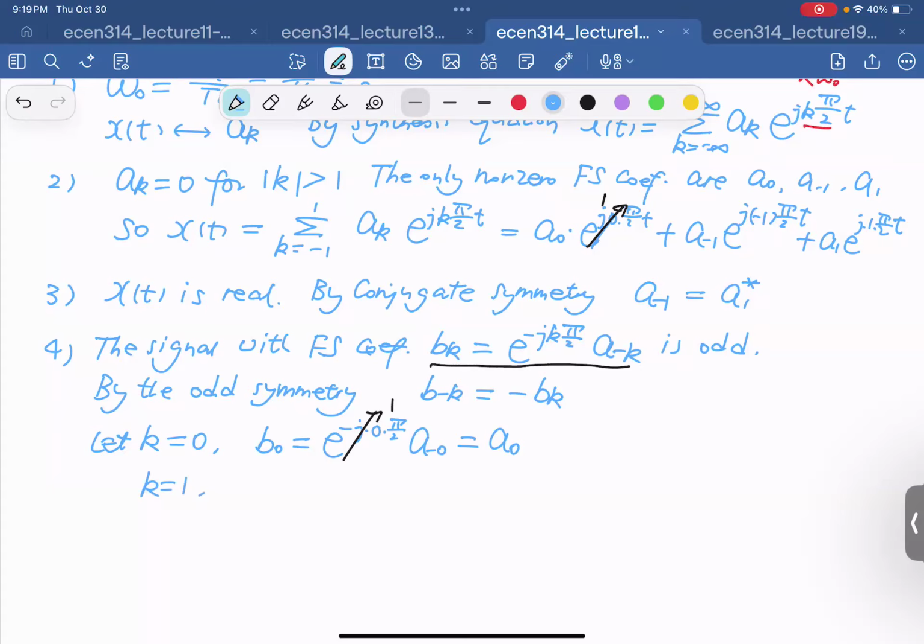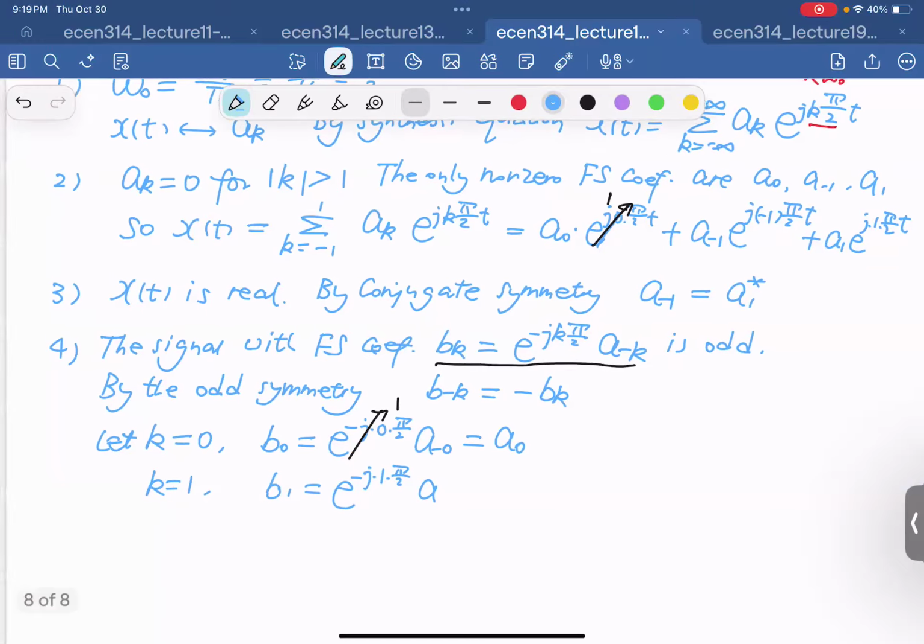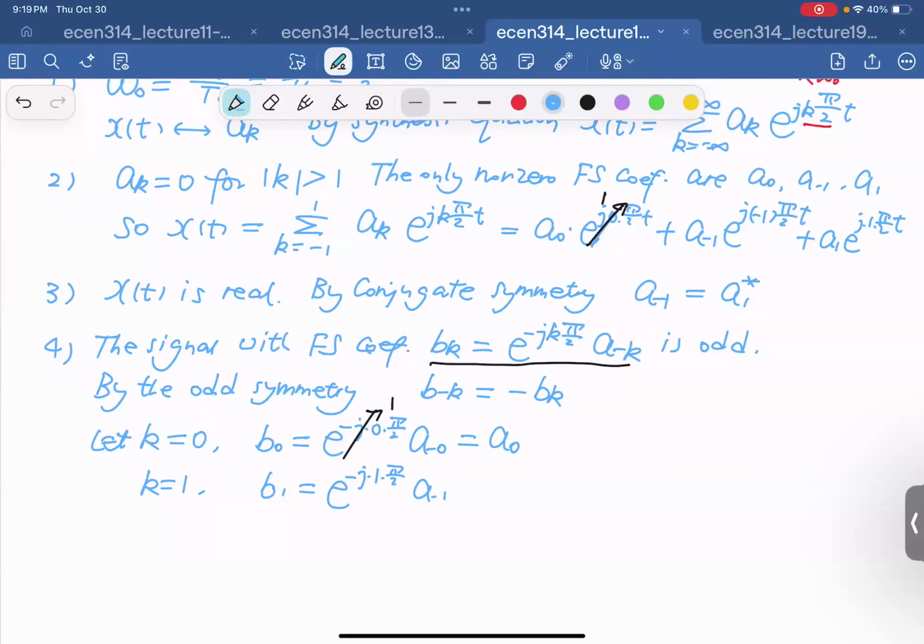If k equals 1, we have b1 equal to e to minus j times 1 times half pi times a sub, excuse me, I had a typo here. Should be b sub 1, right? Okay, b1 is e to minus j half pi times a sub minus 1. Am I right?